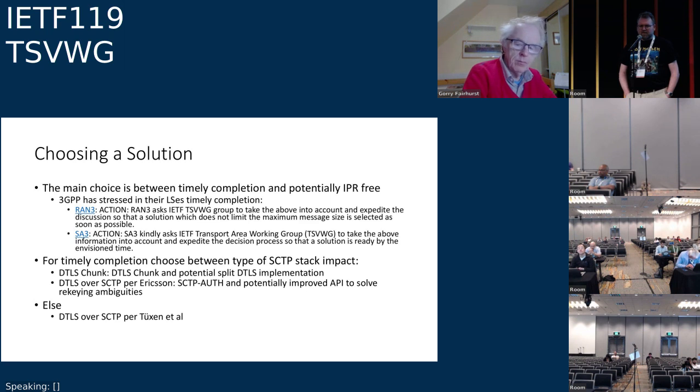Both SA3 and RAN3 have said that, quoting the relevant part of the analysis. And basically the choice for timely completion is between either A or B. And if you're going for IPR-free, C would be the candidate. So next.